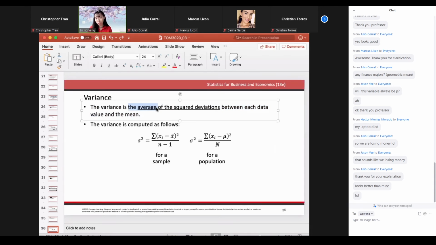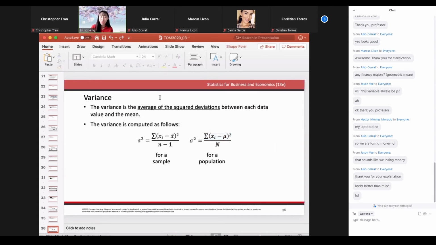Keyword is average. You know, okay, I need to do some sort of summation and then division, right? You add a bunch of things together and divide it by population size. That's how you calculate the average, right?